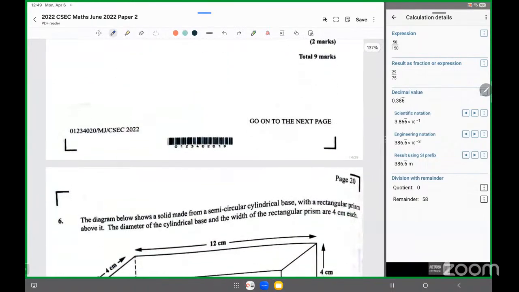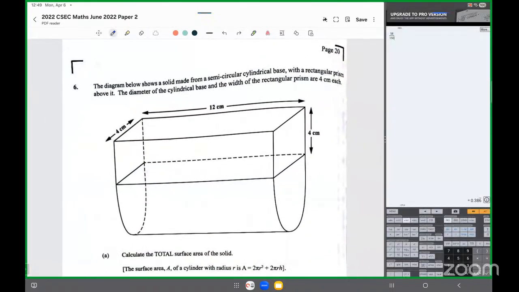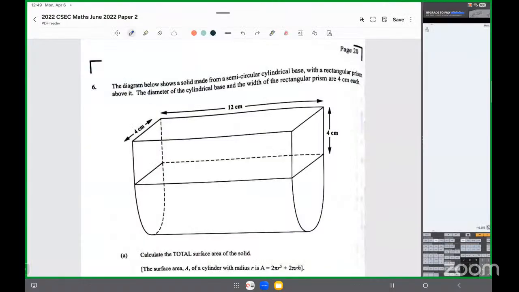Let's go on now to number 6. Number 6 gives us a solid object with uniform cross section. So it's solid geometry, right?